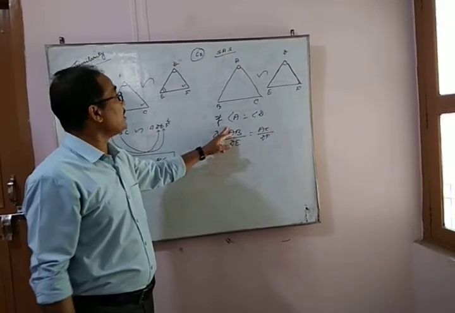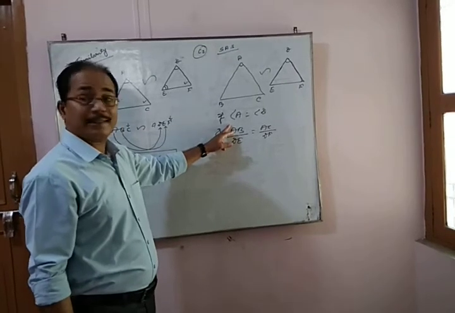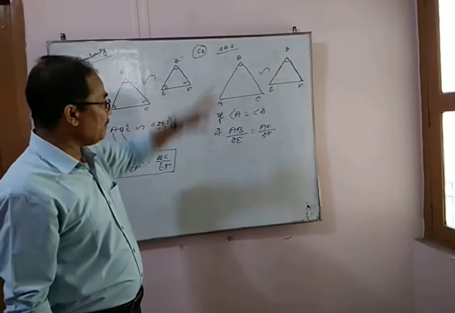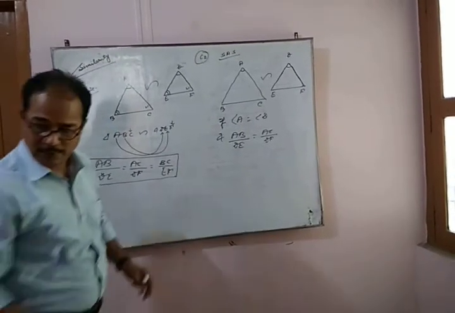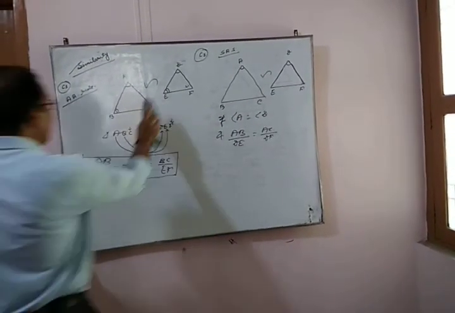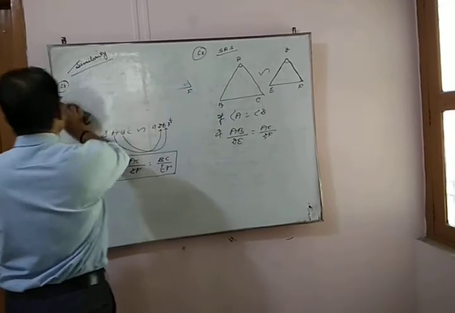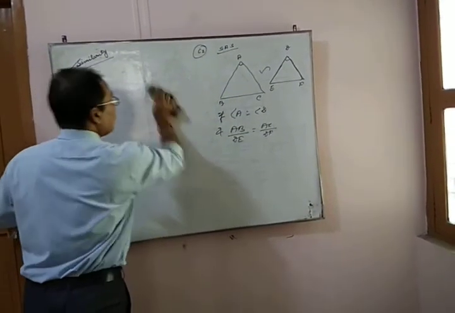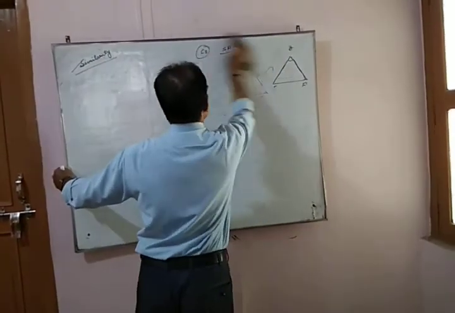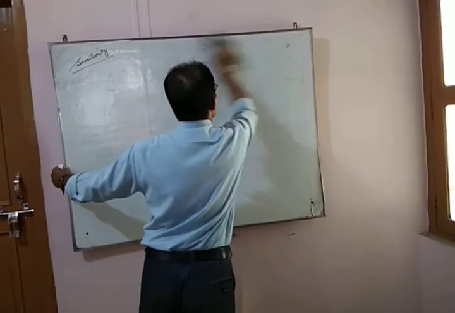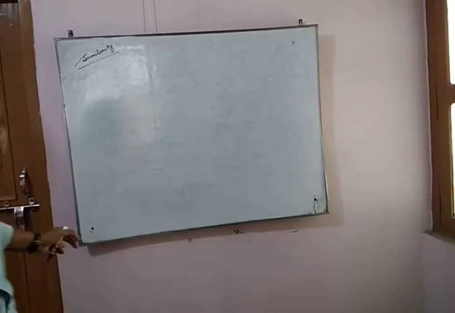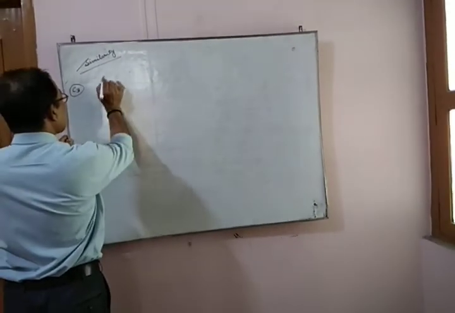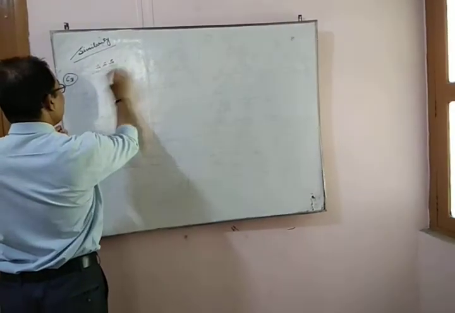This is your side angle side condition, criterion number 2, and the third criterion is known as side side side.